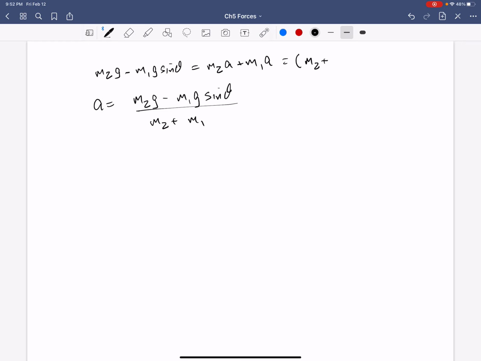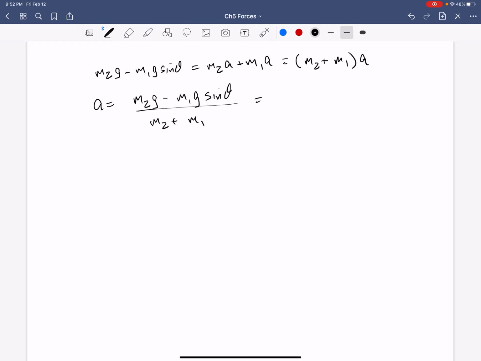Just to make it explicit, this is what I did. And then I divided through. So we should know everything there, right? m2g minus m1g sine theta all over the total mass. So you can solve for the value for the acceleration from there.